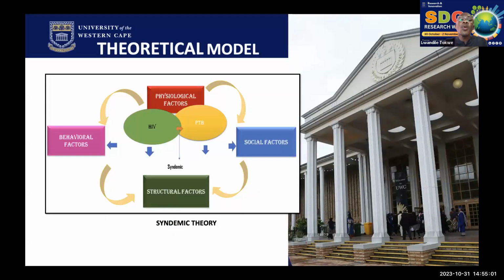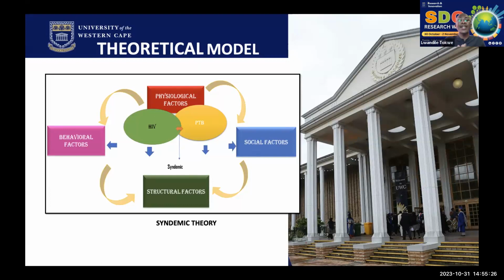The theoretical model that underpinned this study was coined by Merrill Singer, who believes that diseases do not occur in isolation, especially this co-infection of HIV and pulmonary TB. There are usually factors that come into play which interact with these diseases.